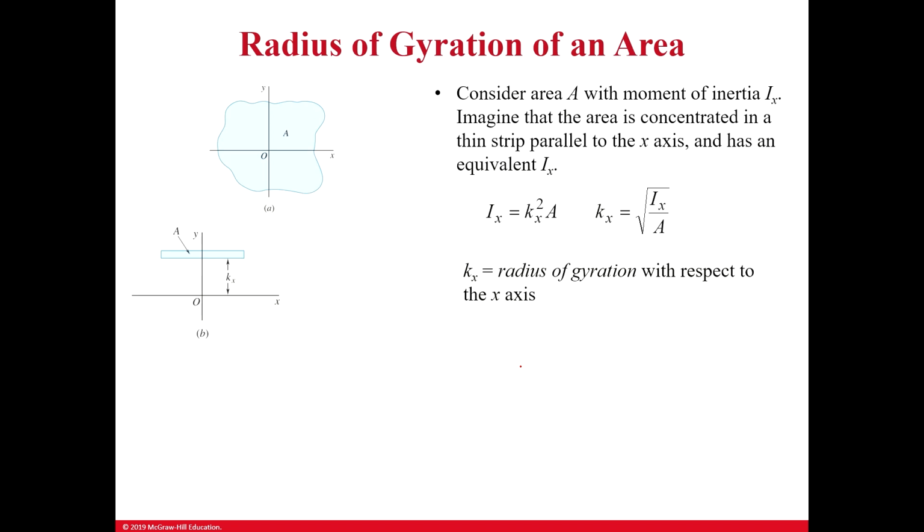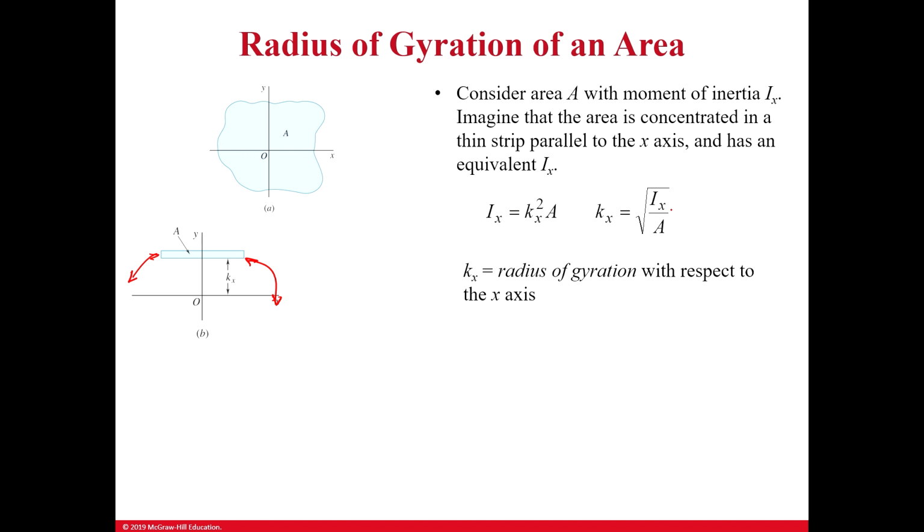All right. Now, the other important concept is the radius of gyration, and that is usually given by the letter k, and that is also related to rotation. As you remember, all this has to do with moments. So the radius of gyration with respect to x is the square root of Ix divided by the area.